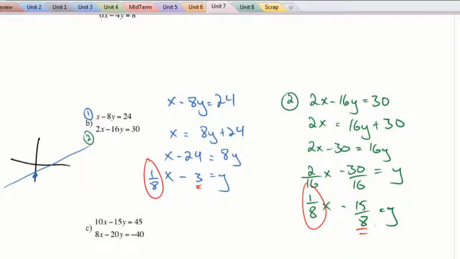And then 15 divided by 8 is going to be really close to 2. So my green line would be up here, and it also has the same slope of 1 over 8. It's maybe not the best diagram in the world, but you can see that my lines are parallel. I have different y-intercepts, parallel lines, because the slope's the same, so I know I have no solutions.